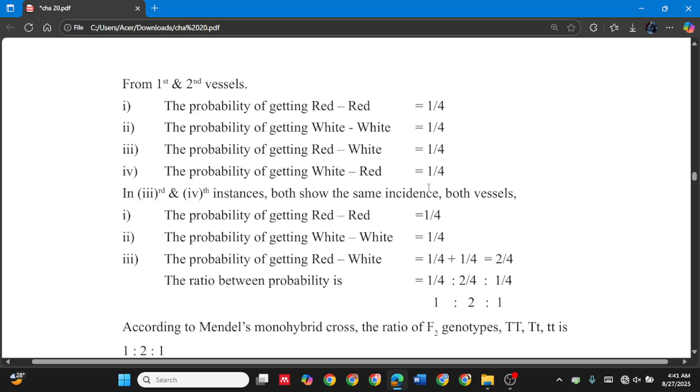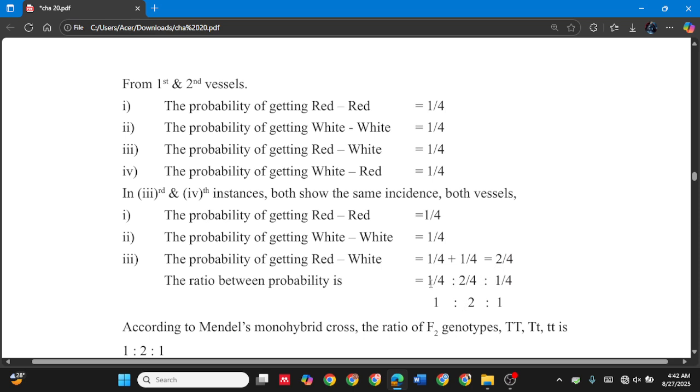See, white-red and red-white are both 1/4, so we can consider them as getting the same. So it is 1/4 plus 1/4, which is 2 over 4, so it ended up as half.